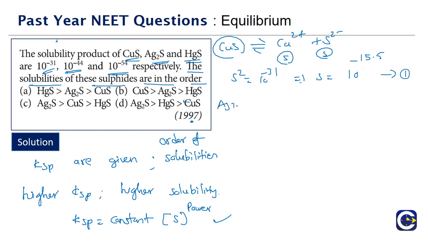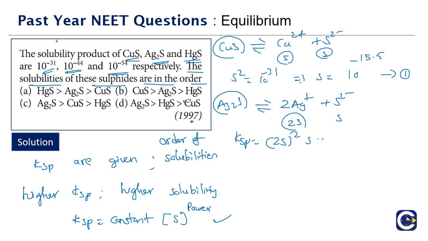Then we have Ag2S. On getting dissolved, it will produce 2 Ag+ and sulfide ions. So the amount here is 2S and S. Totally Ksp value will be equal to 2S the whole square into S, which is 4S cube. What is the Ksp value here? 10 power minus 44.